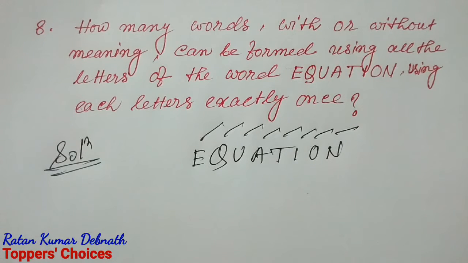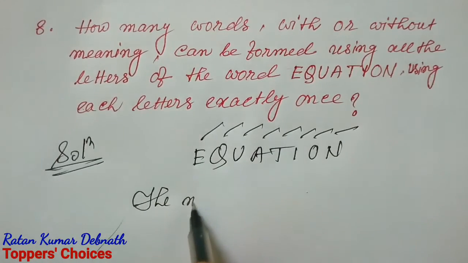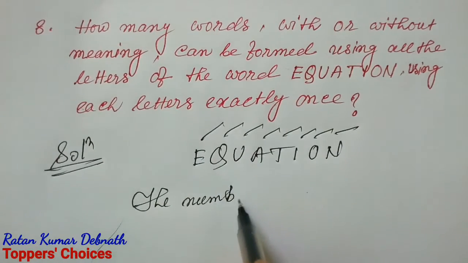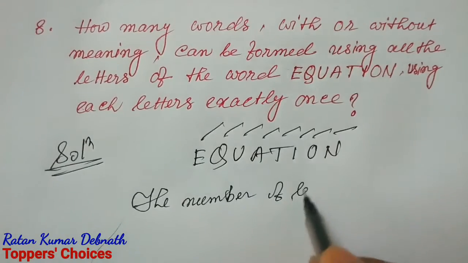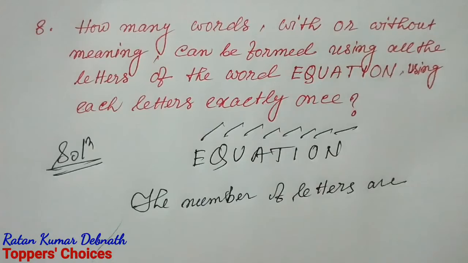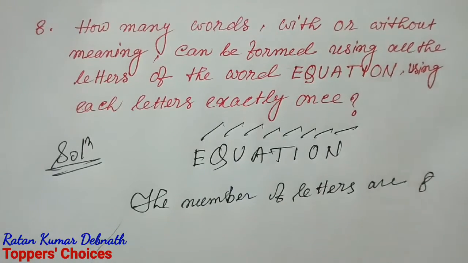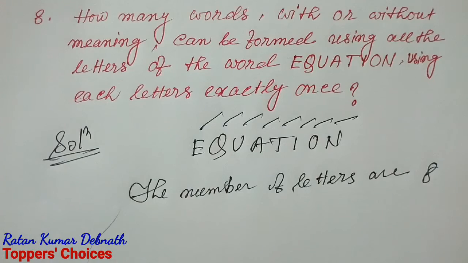We are going to form the words, that means we are going to arrange all of the letters of the word EQUATION. The number of letters are 8, and all of them are distinct.